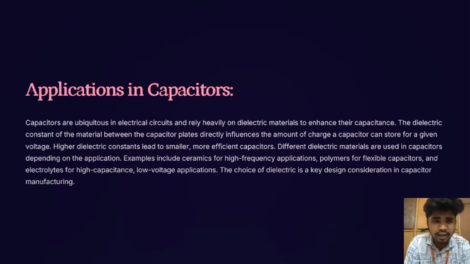A higher dielectric constant leads to smaller, more efficient capacitors. Different dielectric materials are used in capacitors depending on the application. Examples include ceramic for high frequency applications, polymer for flexible capacitors, and electrolyte for high capacitance, low voltage applications. The choice of dielectric is a key design consideration in capacitor manufacturing.